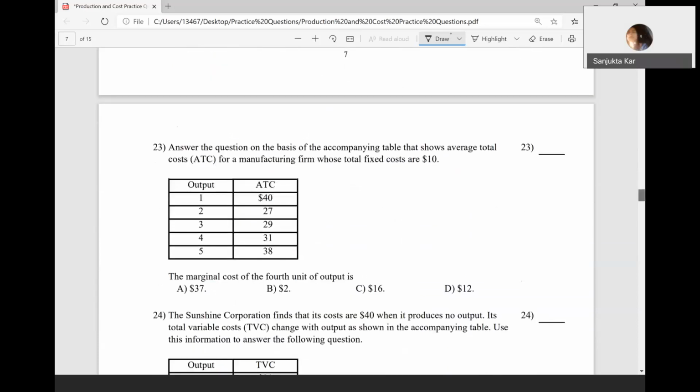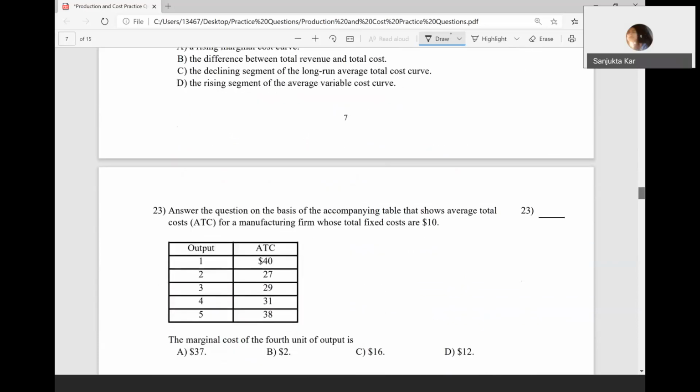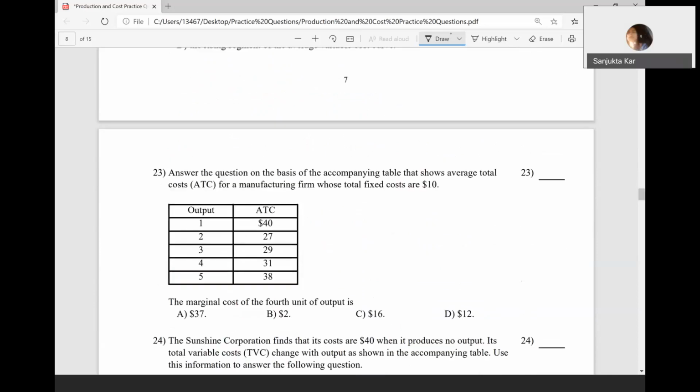Alrighty, now I want to take a look at question number 23. Answer the following question on the basis of the accompanying table that shows average total cost. These are the average total cost numbers, and the total fixed cost is equal to $10.